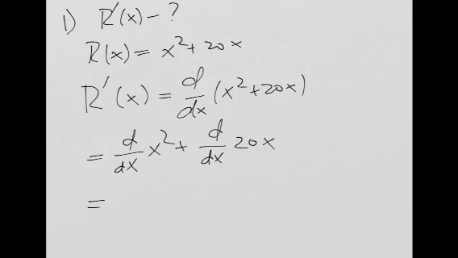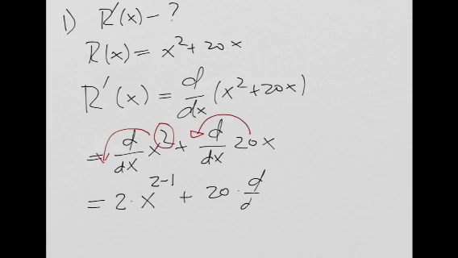Drop the exponent down, yeah? So I'm going to get 2 times x, and then subtract 1 from the exponent, plus, now I have a constant in front of x, right? So that comes out in front of the derivative sign. So I'll get 20 times the derivative of x. Yeah, so what do I have?